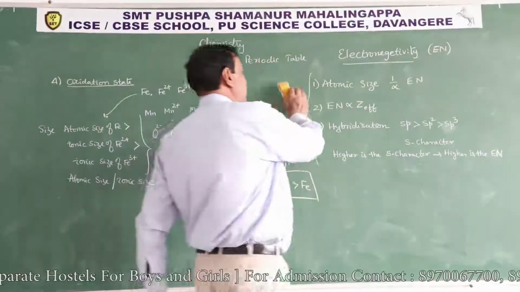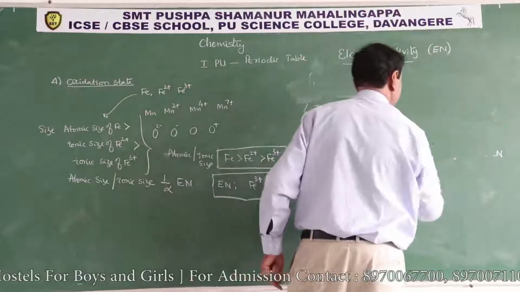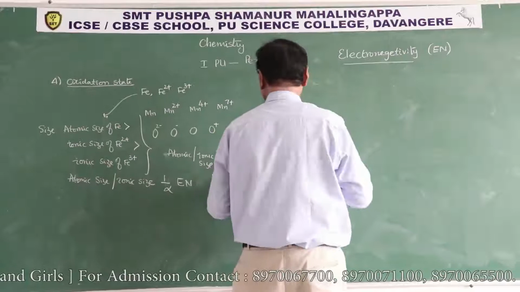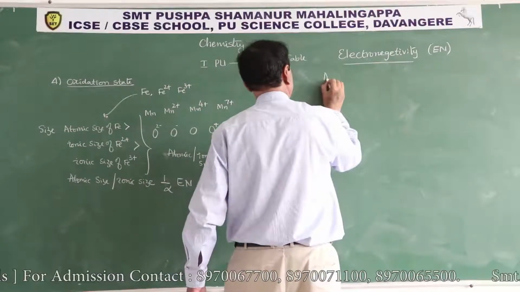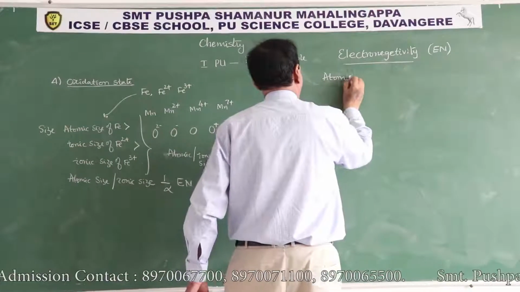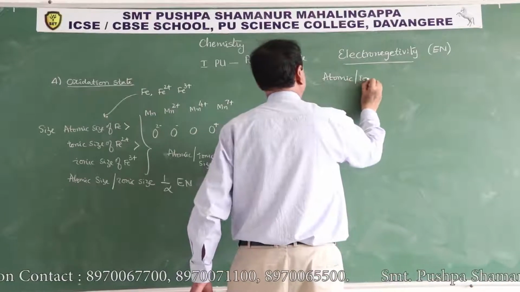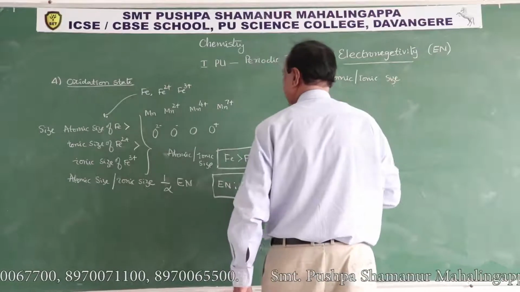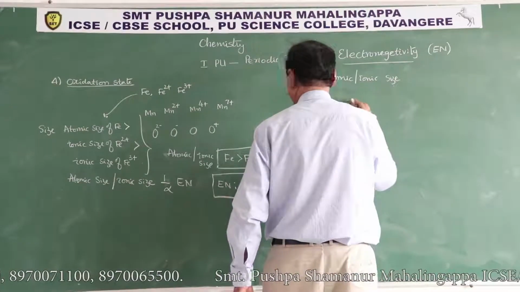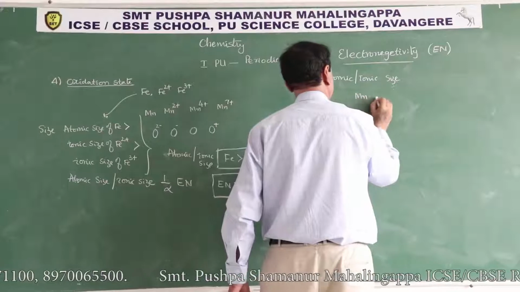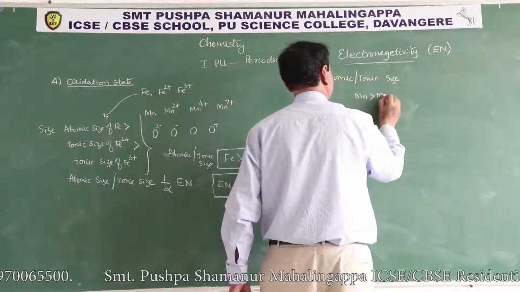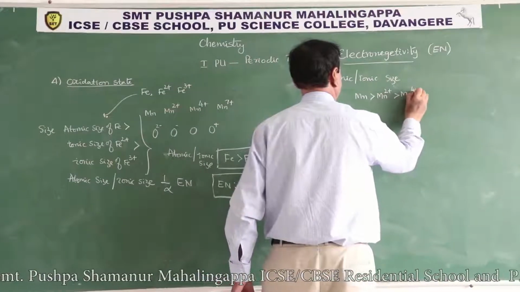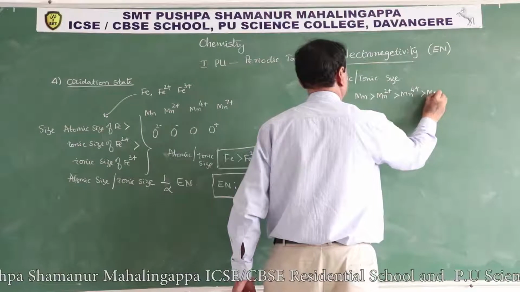Now, atomic or ionic size is in the order: Mn is greater than Mn2+, which is greater than Mn4+, which is greater than Mn7+.